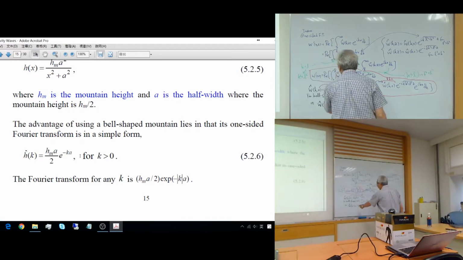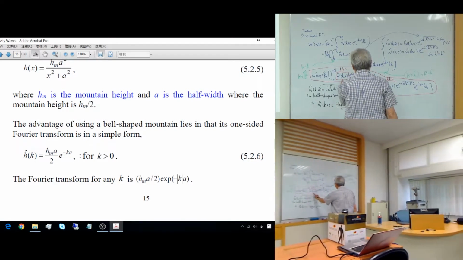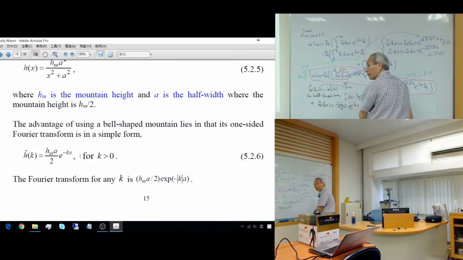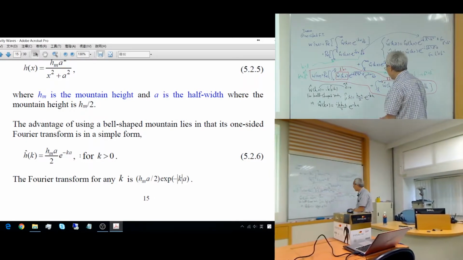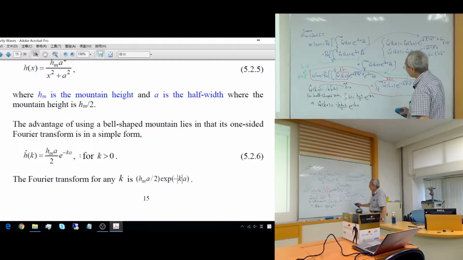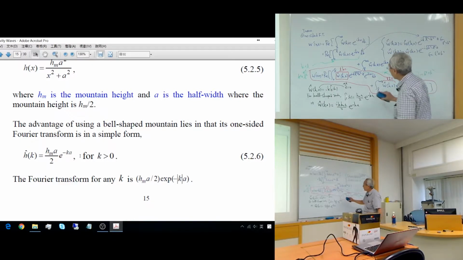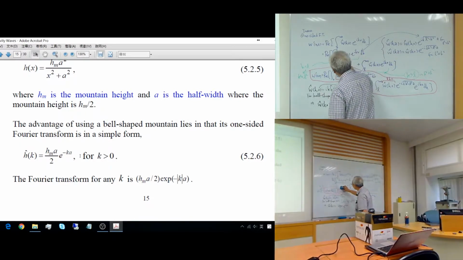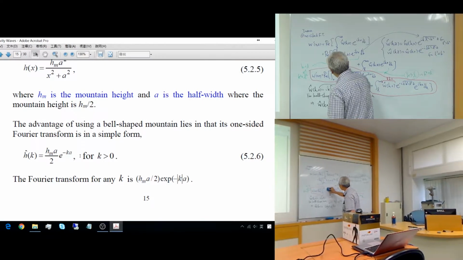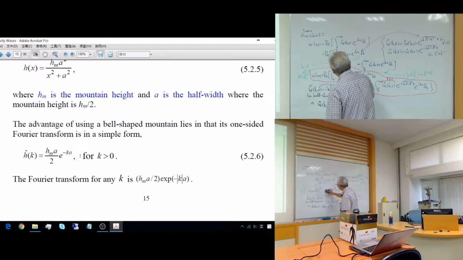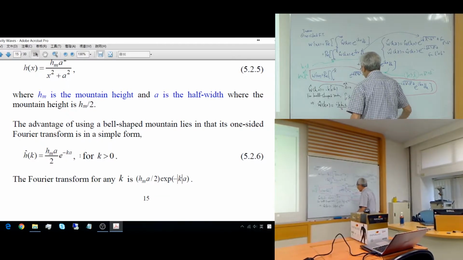Now we can substitute this into here, and then we have the solution. So we can replace this coefficient inside.